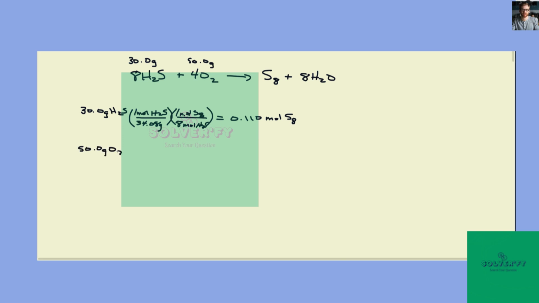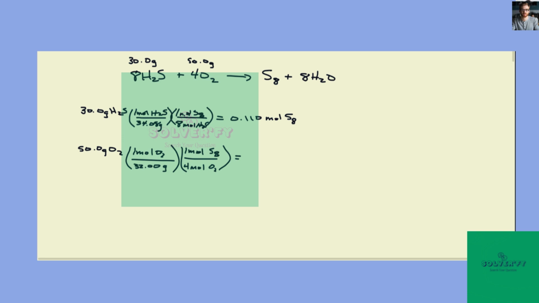of oxygen. And so 1 mole of oxygen is 32.00 grams. And then we're going to need the mole ratio. For every 1 mole of S8 that we make, we use 4 moles of O2.